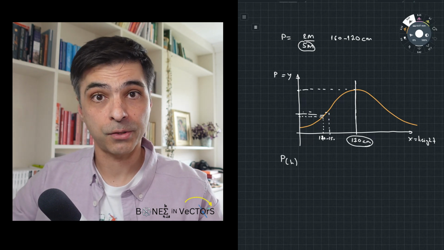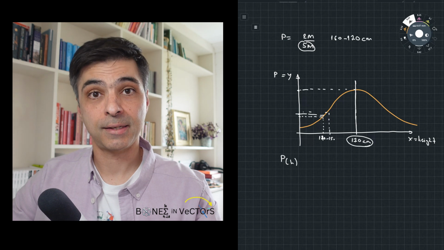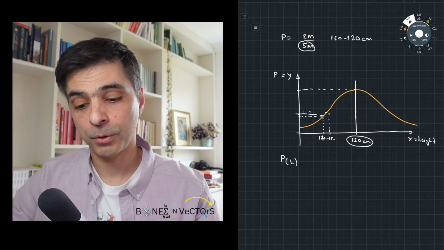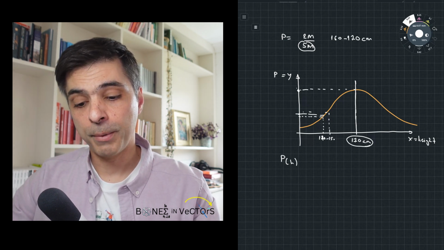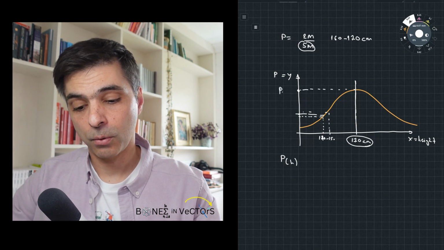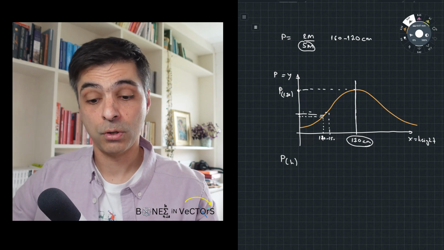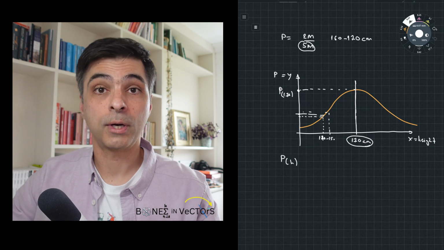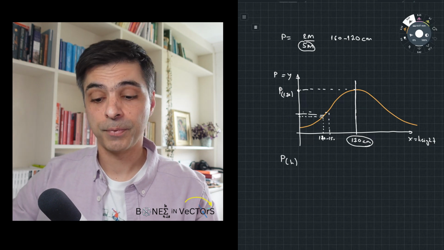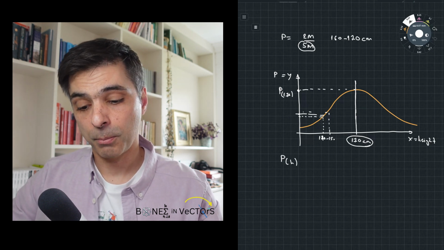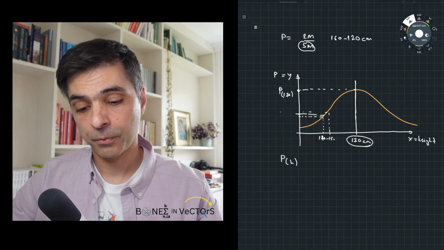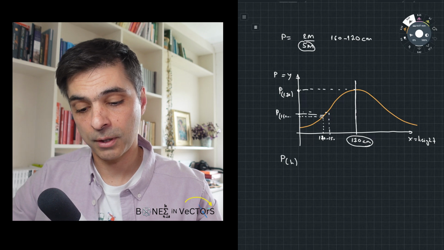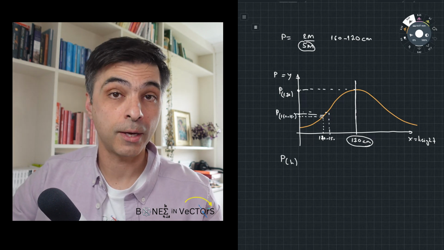And that makes sense because the probability of meeting someone with a height of 170 centimeters, or close to 170 centimeters, is larger than the probability of meeting someone with a height between, let's say, 140 to 150, which is further away from the mean.